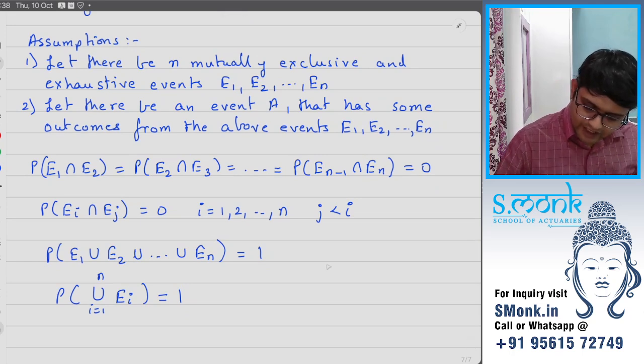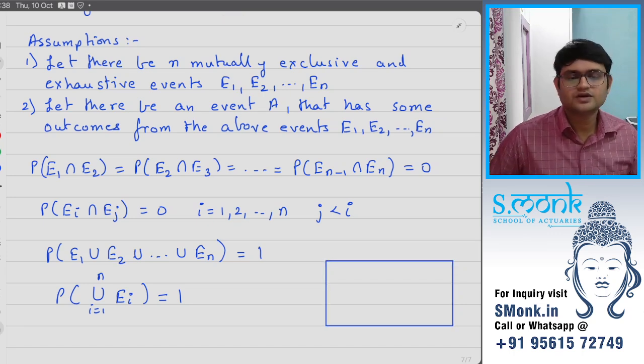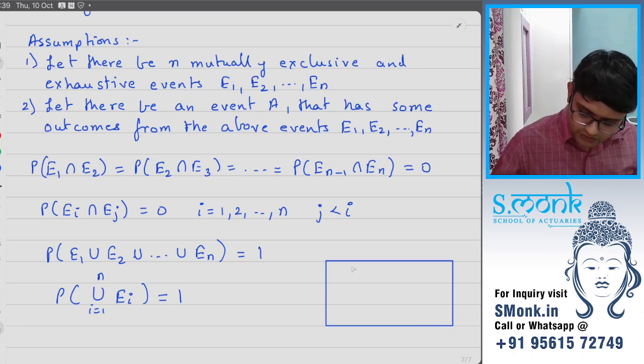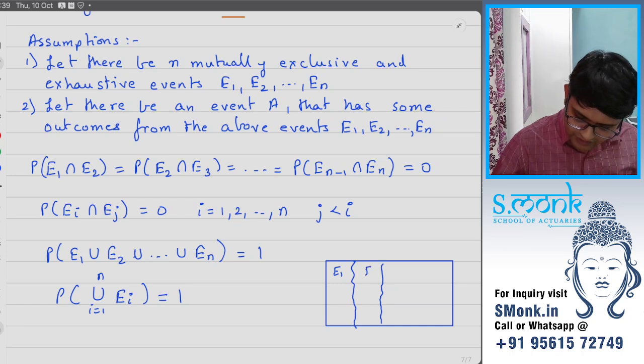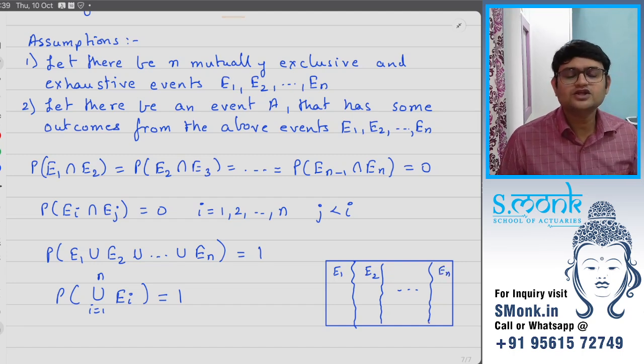Now simply I can make a simple diagram for representing these independent and mutually exclusive and exhaustive events. So let's say I am representing this as E1, this as E2, and so on. This last one is En. So this way you can see that there is nothing in common between them.